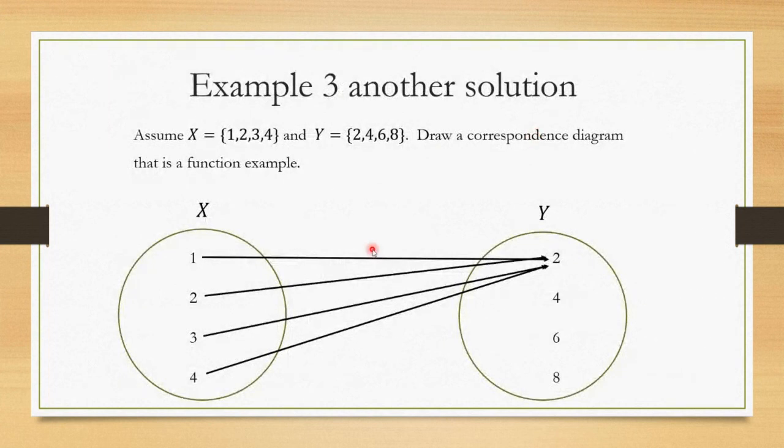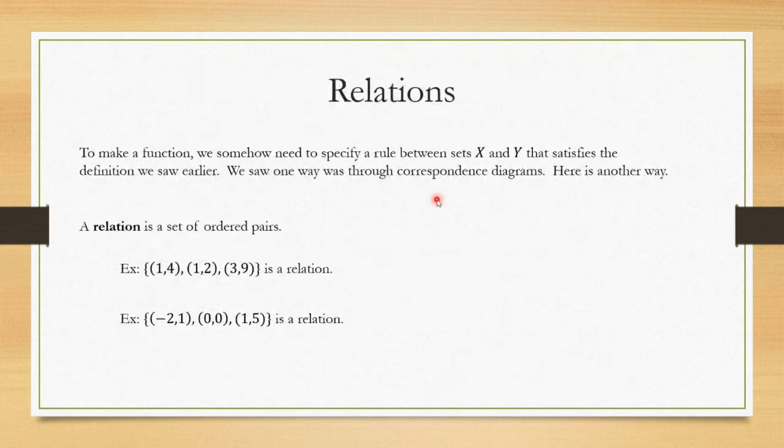You could specify it using a correspondence diagram, but another way to specify that rule is through relations. This is another way we can specify a function for two sets X and Y.